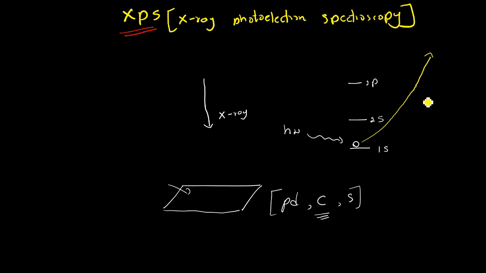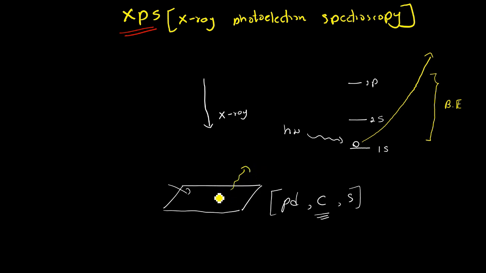So there's this binding energy, right? If your supplied energy, this h nu, is more than the binding energy, then this electron will definitely go out from your atom. It will be released from the surface and emitted out. This is what we want.